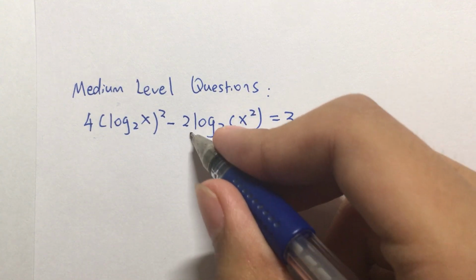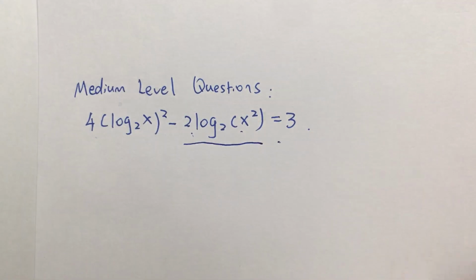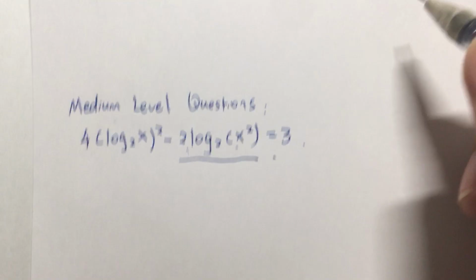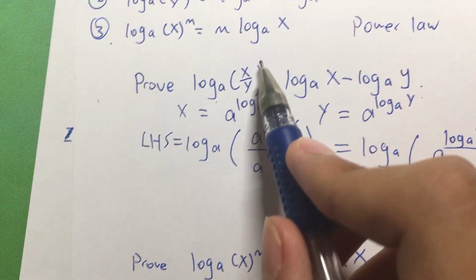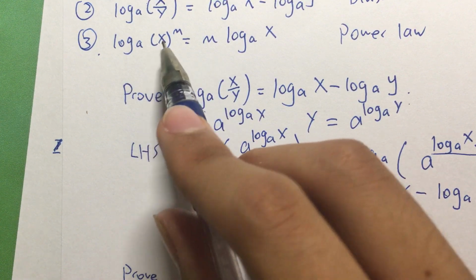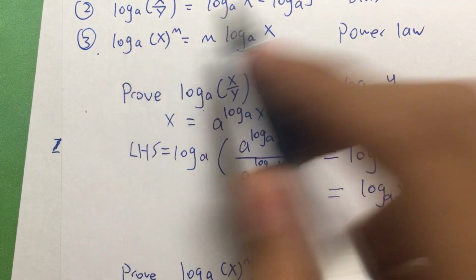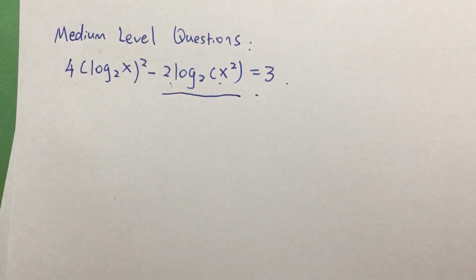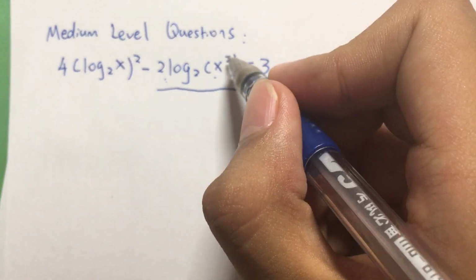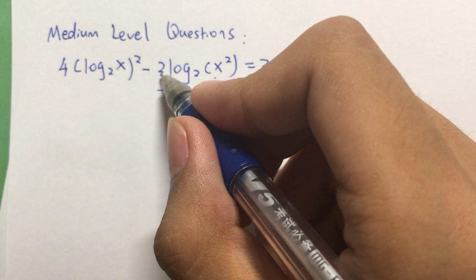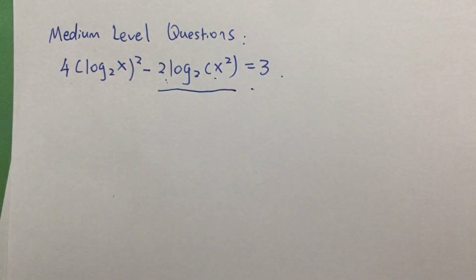And how do we change that? We can use the power law here, which is x to the power of something. We can bring the power into the front. So here we can move this power of 2 into the front as well.